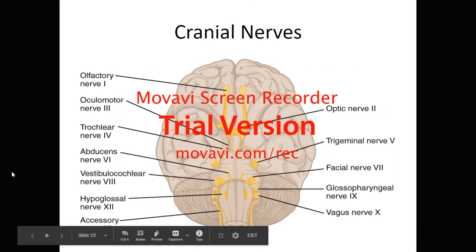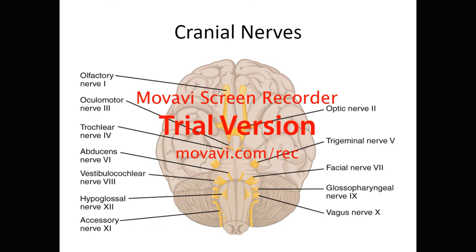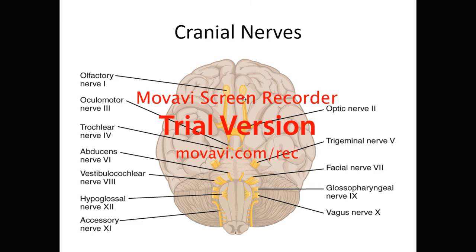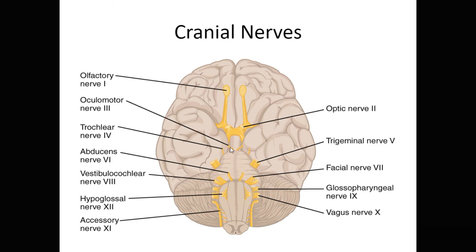Actually, I don't have the table yet, but this is just the diagram so you can see the cranial nerves. You see the olfactory nerve here, the optic nerve here, and this little thing right here is called the optic chiasm. The olfactory nerve deals with your smell, and the optic nerve deals with vision. Then you have the oculomotor nerve right here, 3.